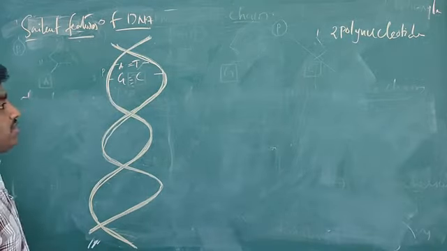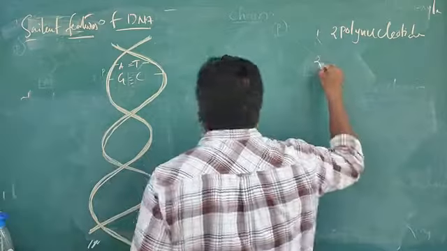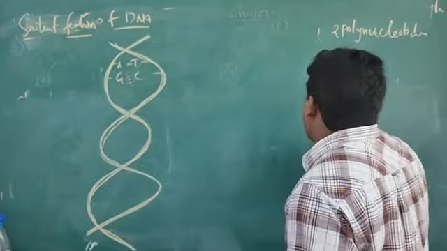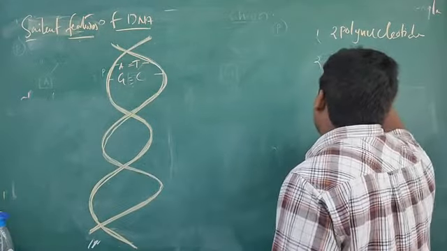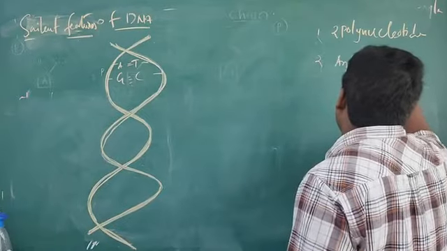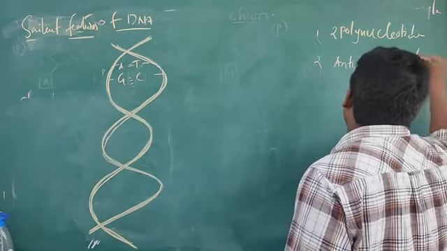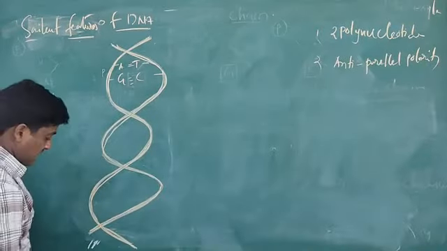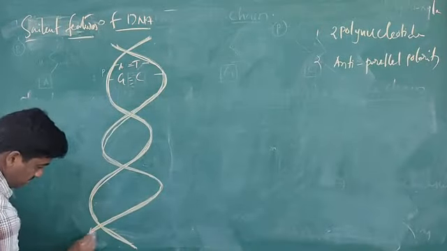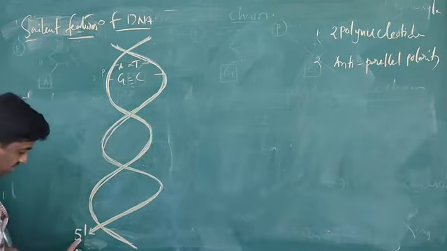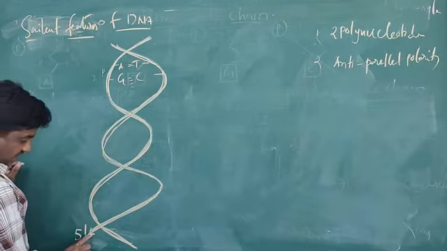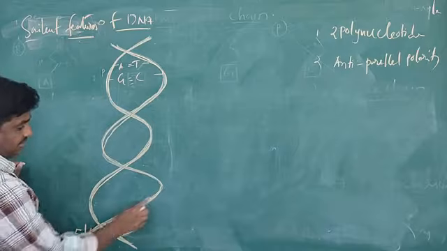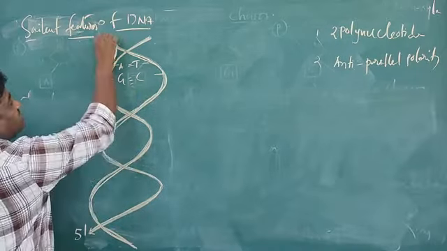And next, the DNA shows anti-parallel polarity. That means you can see here that this strand starts from the 5' end and ends with 3'.